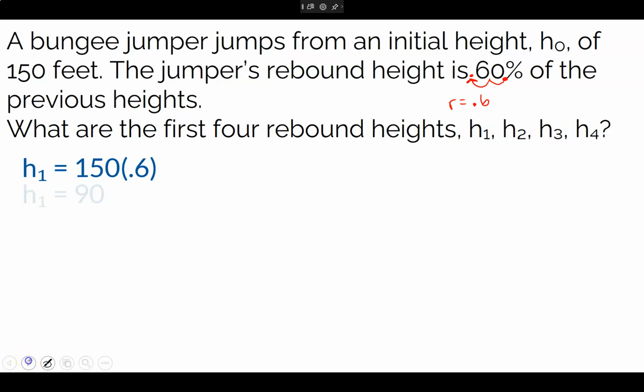90, thank you. So now how can I find the height of the next one? Multiply by 0.6 again. I'm going to multiply 90 times 0.6 to move forward. That's going to give me 54. How can I find height 3?